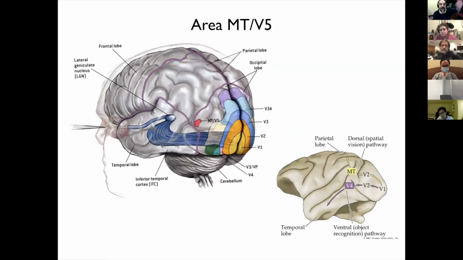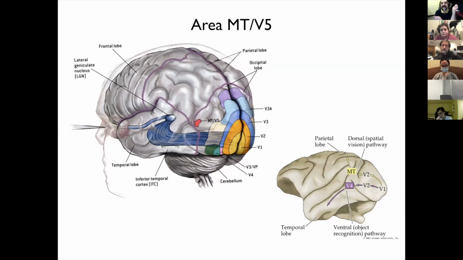So basically that map of areas is way more expanded in humans compared to macaques. And the details of difference between those two, I don't know actually to what extent we understand that, because in humans we are limited in how to physiologically study it.